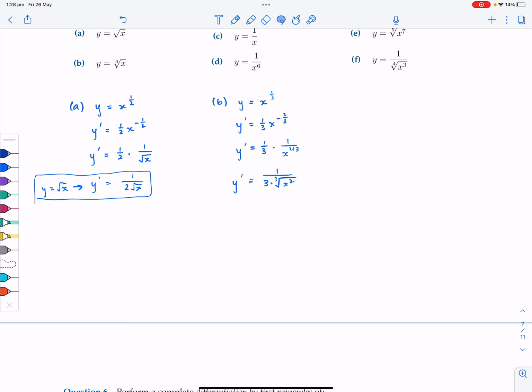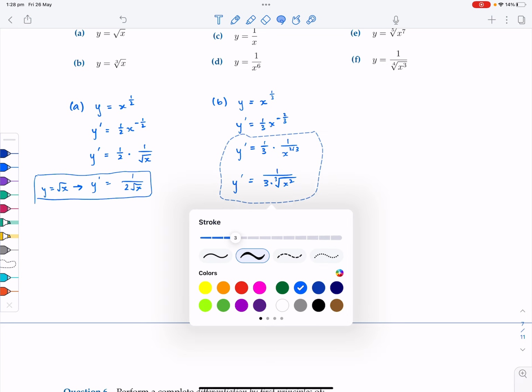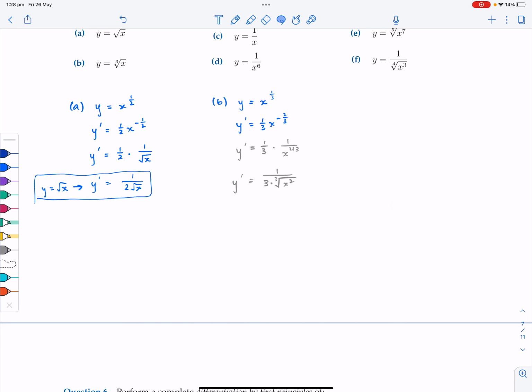Now, this here is a bit ungainly, so I just leave the answer like that. All right, so I've made a different aesthetic decision here compared to here. That's because square root's just more common, and this is a nice form, all right? Okay, but the point is we can do the differentiation using fractional indices.